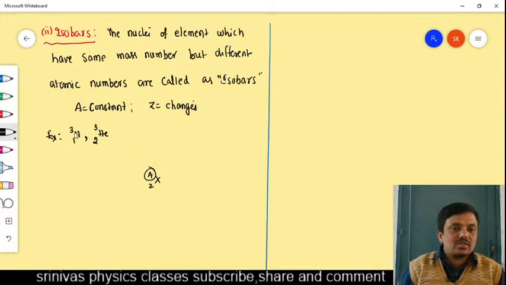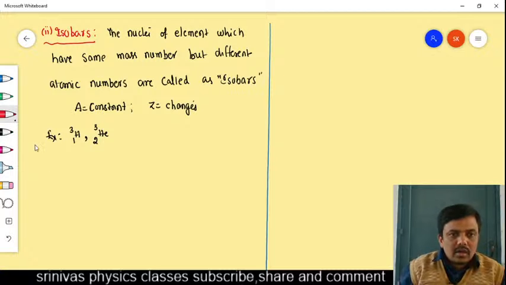A is the same for these two elements, hydrogen and helium, and these are called isobars. Isobars have the same mass number, different atomic number.